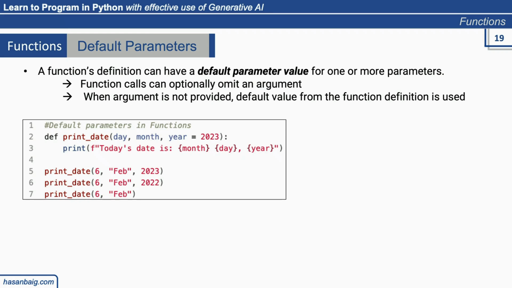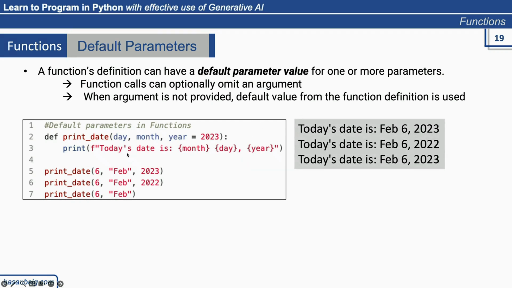Okay? Make sense? So when I run this code, it will print today's date is the month, whatever value we have assigned to month, and the day and the year. This is another important thing where most beginners get caught up. It does not matter in what order I use these values.